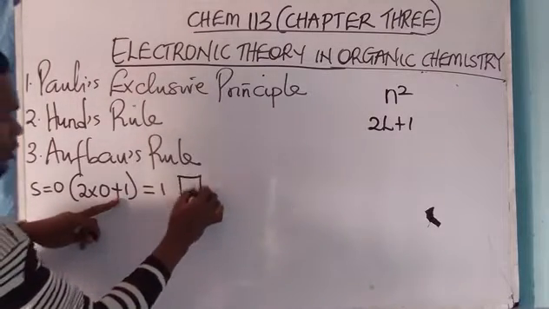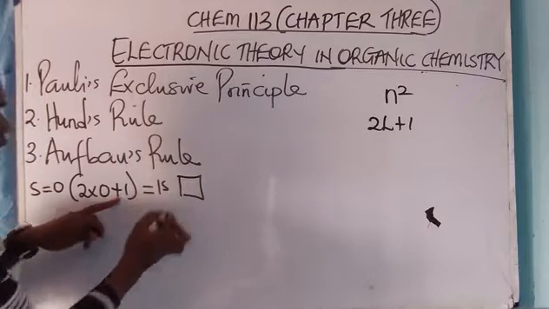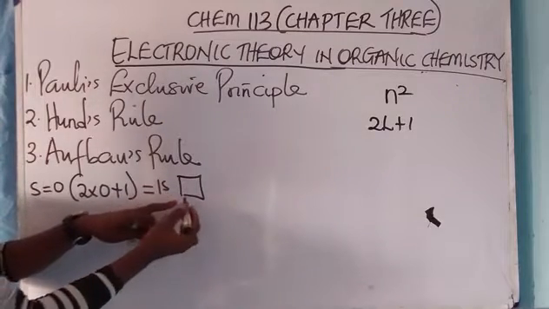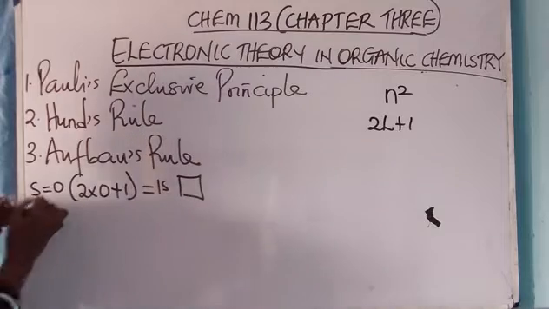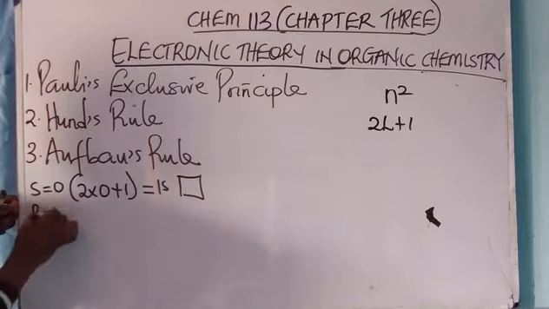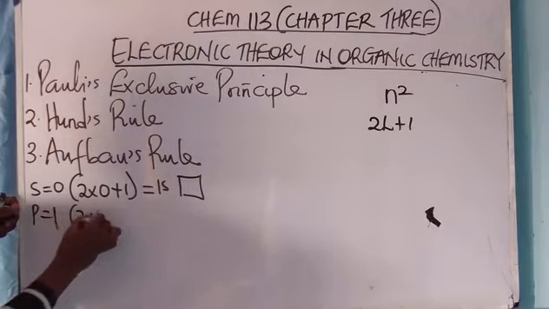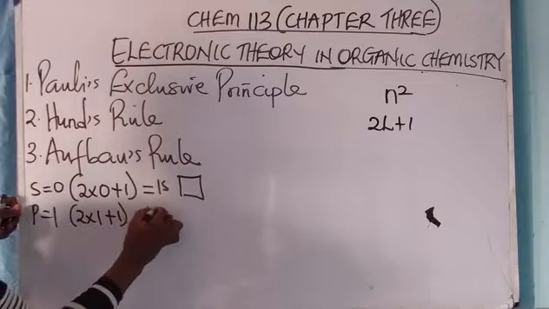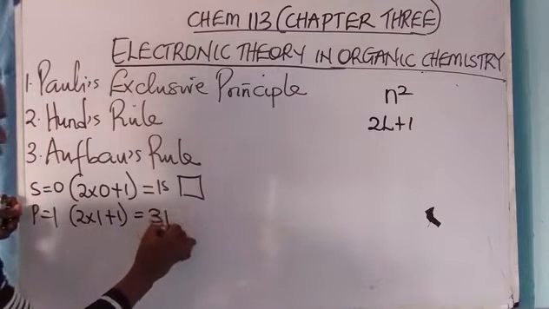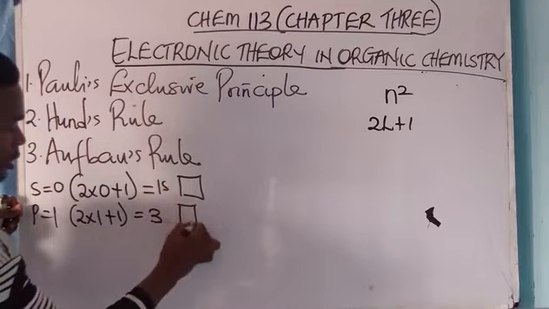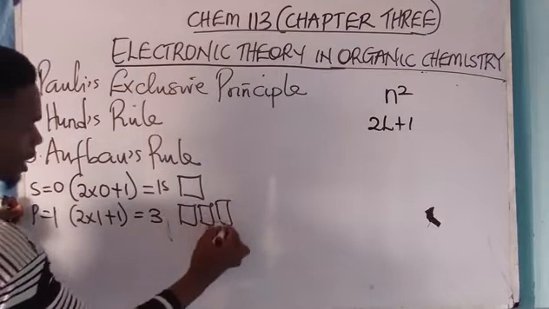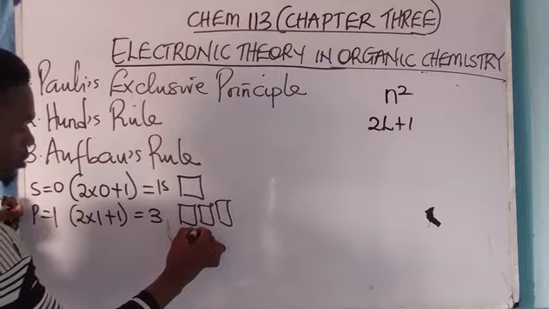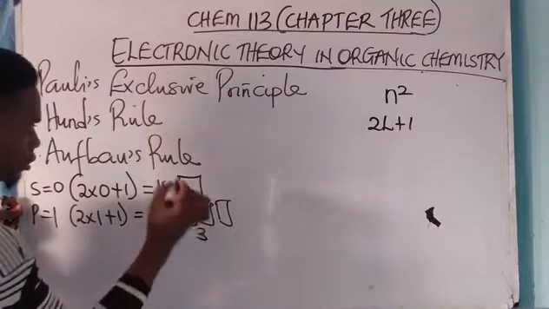Which means that the S shell has 1 orbital. Now the P is equal to 1, which means 2 times 1 plus 1, and this is 3. Which means that the P shell has 3 orbitals.